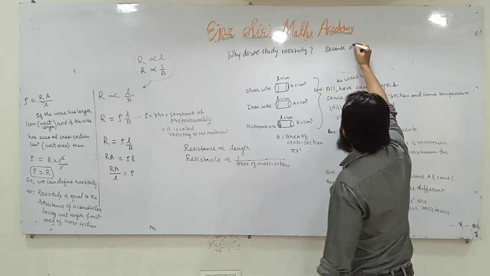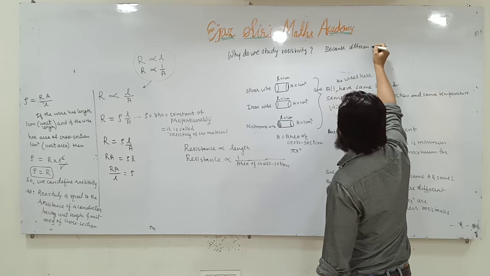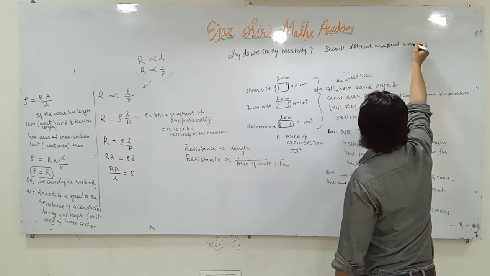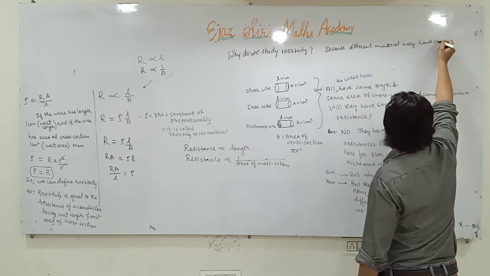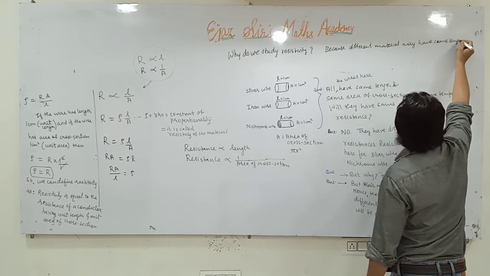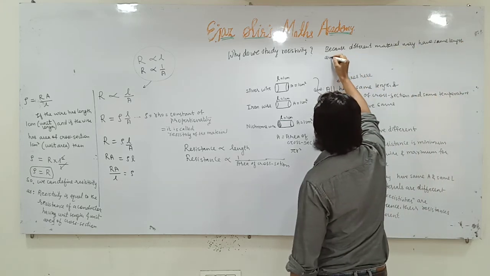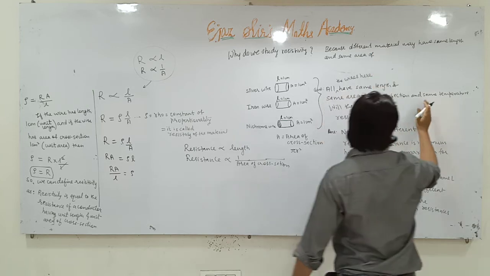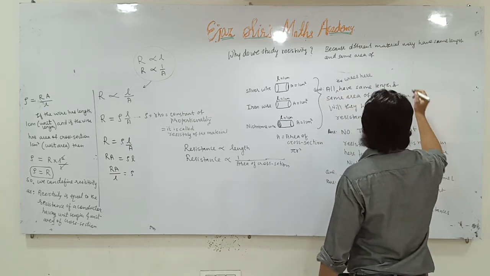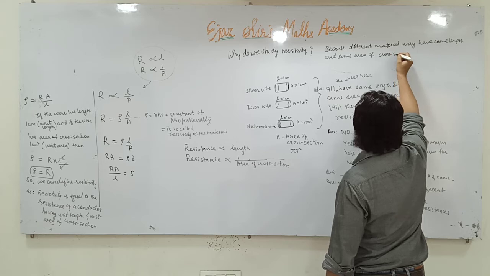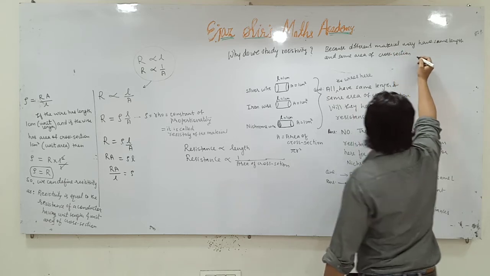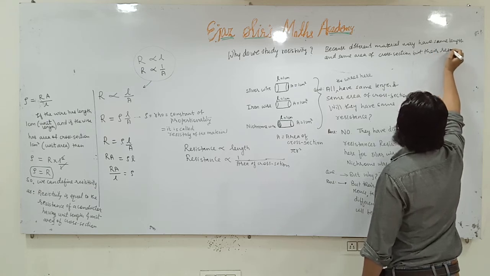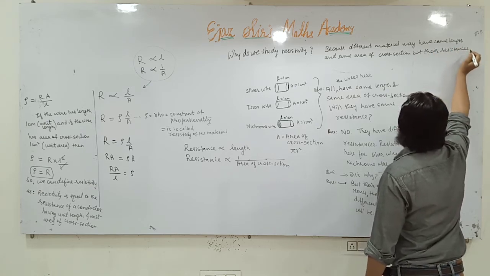Because different materials may have the same length and the same area of cross section, but their resistances will be different.